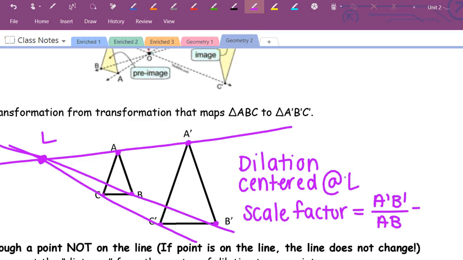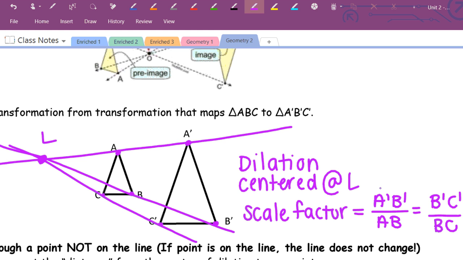What else could we say besides A prime, B prime, and so on? Yeah, any of those work. B prime, C prime over B, C. Do we have questions on that part?